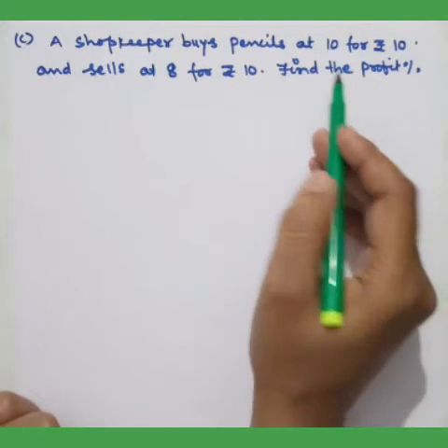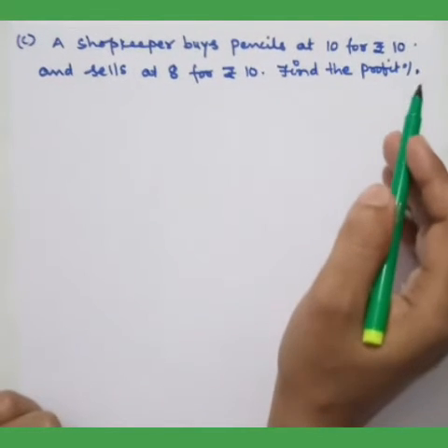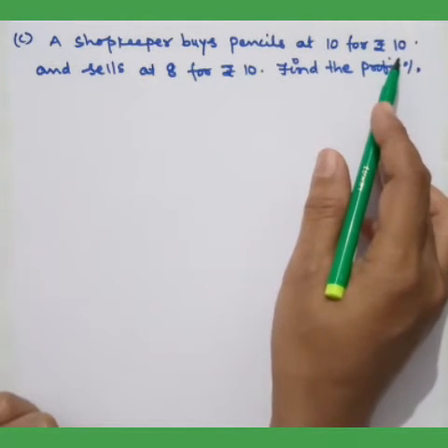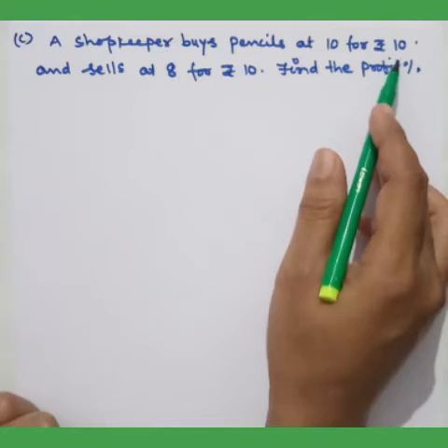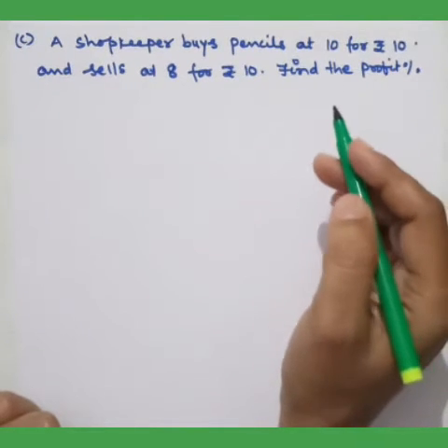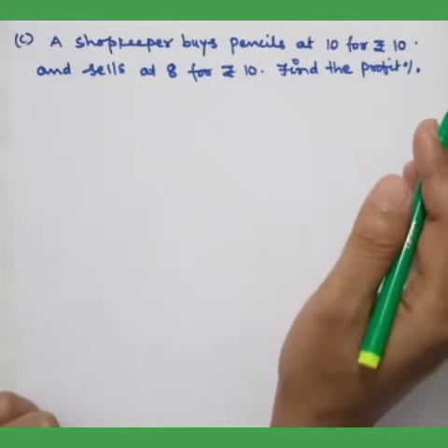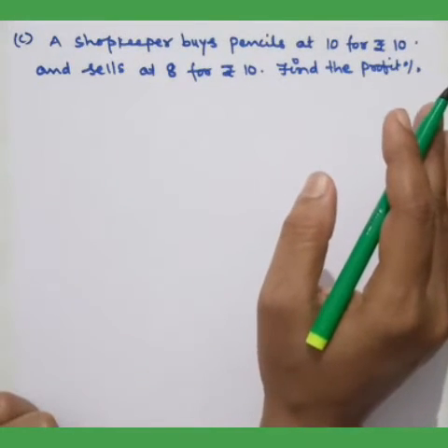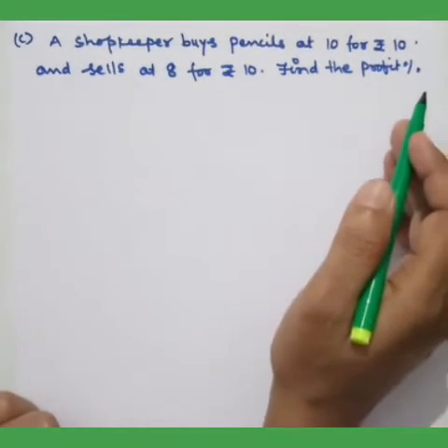So he buys the pencils in bunches. A bunch of 10 pencils costs rupees 10 for the shopkeeper. Now what he does, he takes out that bunch, removes 2 pencils from it, prepares a new bunch of 8 and sells it for rupees 10. Now you have to find the profit percent.